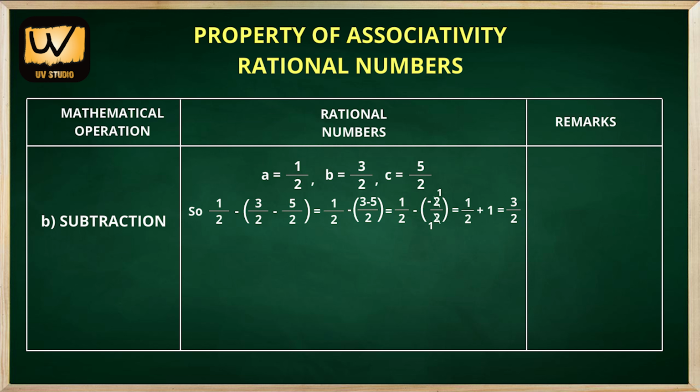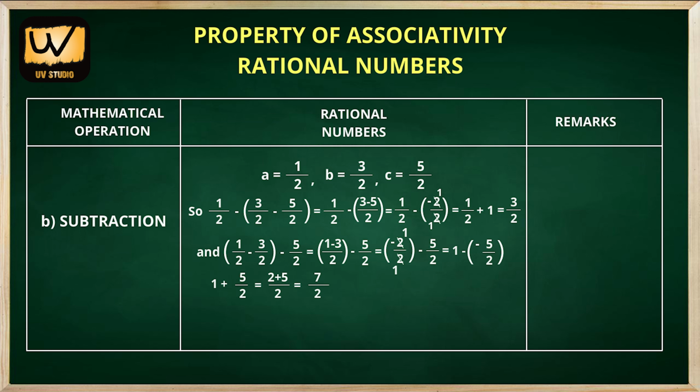Now the RHS, that is (A minus B) in brackets and minus C outside. So in brackets 1/2 minus 3/2, minus 5/2 outside. LCM in the bracket is 2. In the numerator you have 1 minus 3, minus 5/2 as it is. In the next step, the bracket gives you minus 2/2 minus 5/2 as it is. 2 and 2 get cancelled. That gives minus 1 minus 5/2, that is equal to 1 plus 5/2.